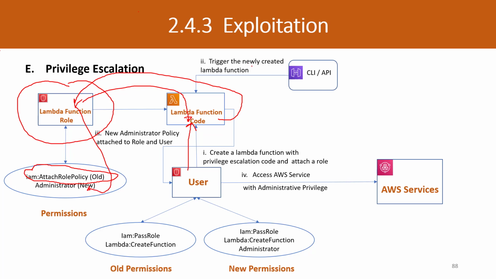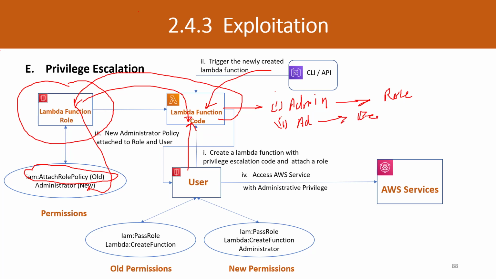This is when we invoke the first time, and that operation is done. Now when we invoke the second time, because in the code we have two things: attach the administrator policy to the role, and second, attach the administrator policy to this user.